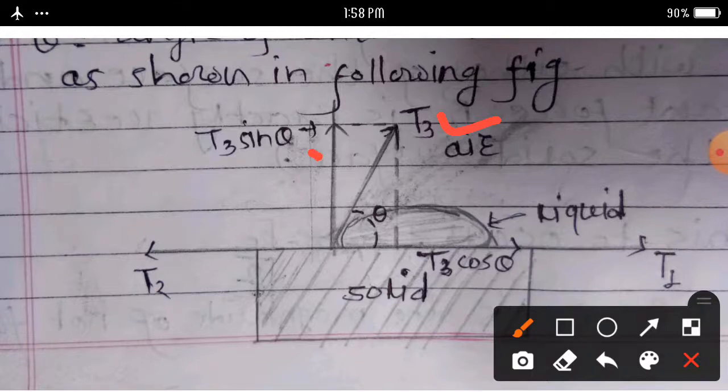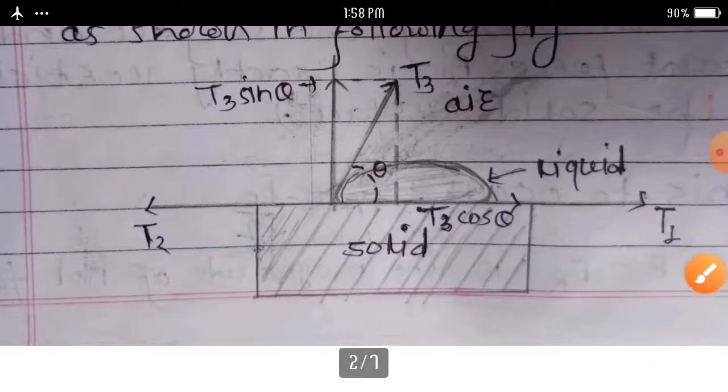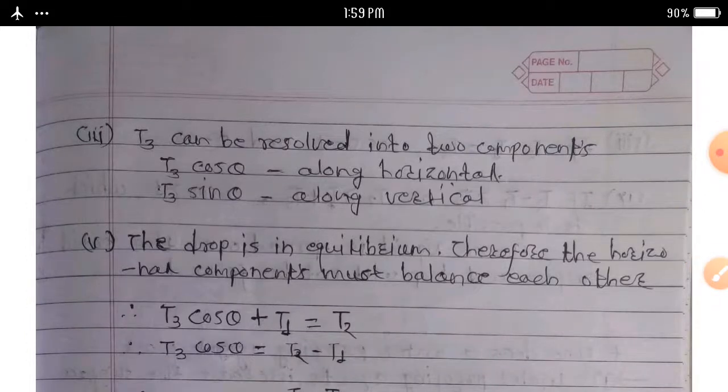The first component is T3 sin theta along the vertical, and T3 cos theta along the horizontal.